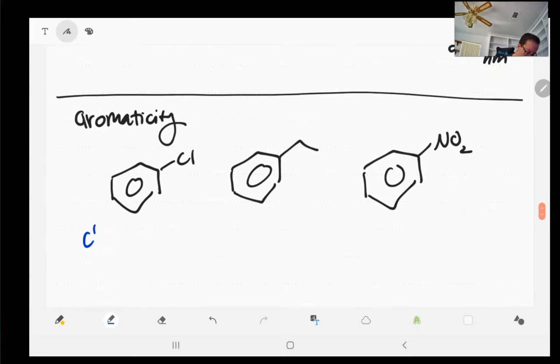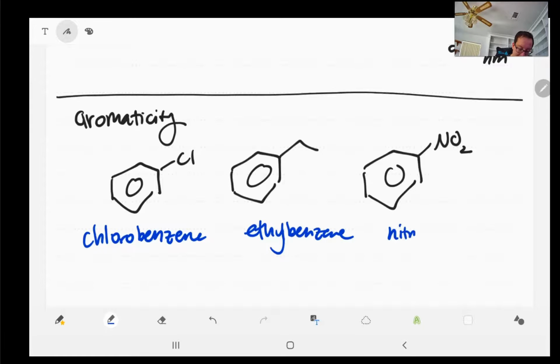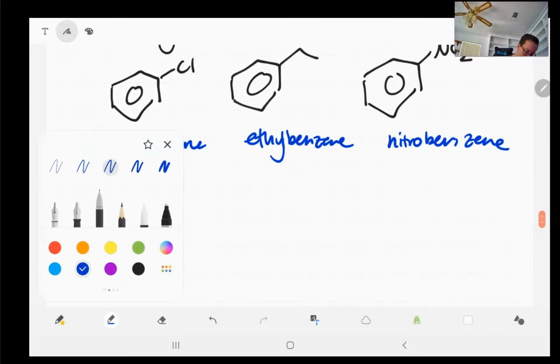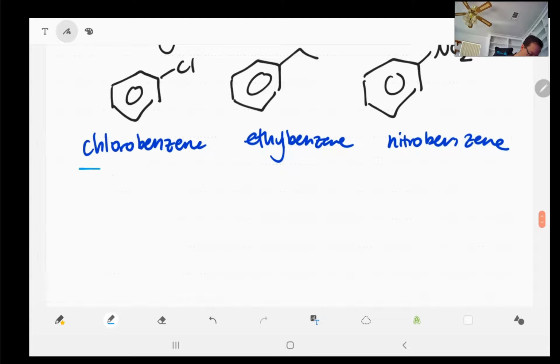This one you'll name chlorobenzene. This one's ethylbenzene. And then you've got nitrobenzene here. And so we're good there. Basic groups on a benzene. But we're going to see that some benzenes have special names.